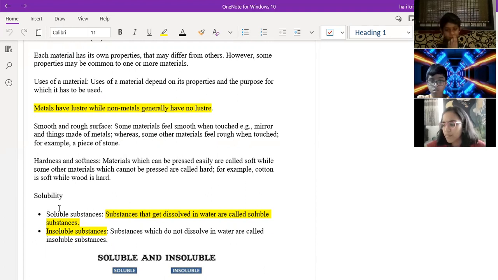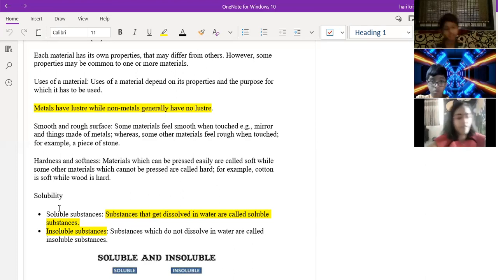Okay, based upon conductors and insulators we can say that. But there is a simple property, right? Metals have a lustrous nature, and non-metals are non-lustrous in nature. So based upon the simple property, we can sort the materials.